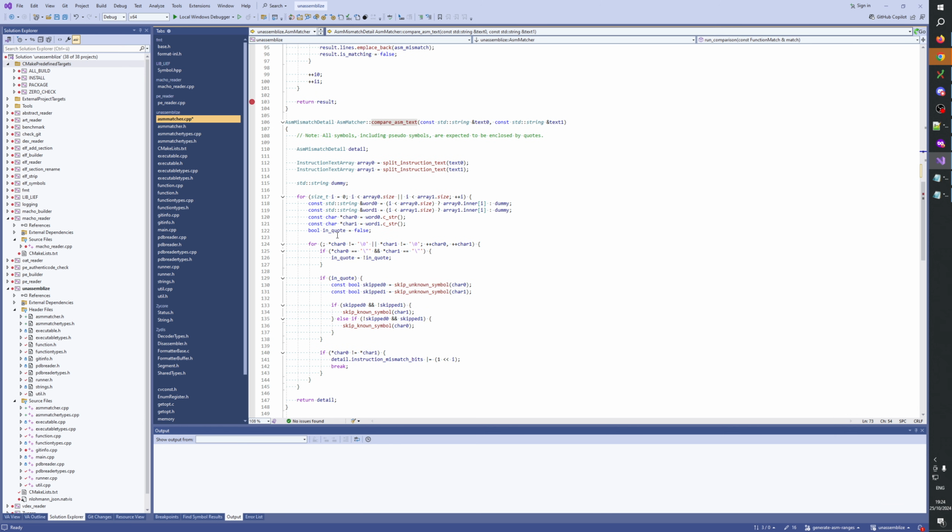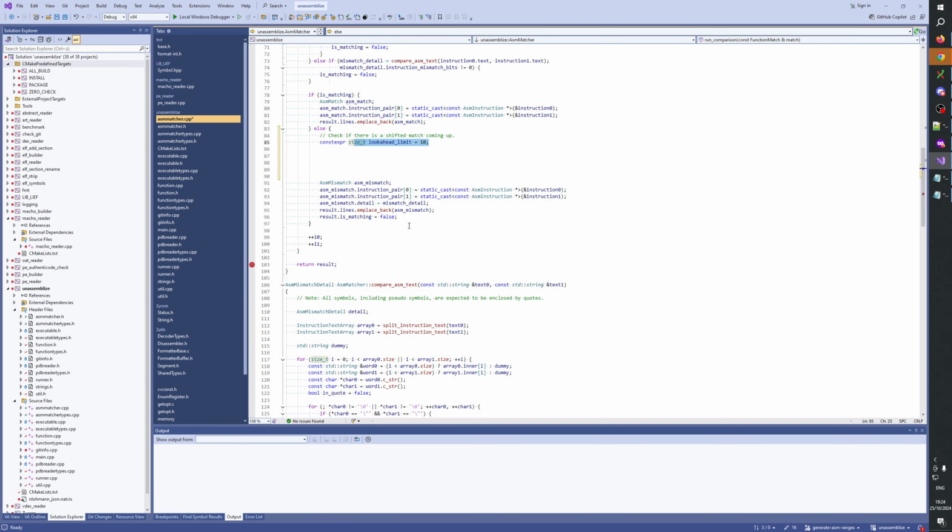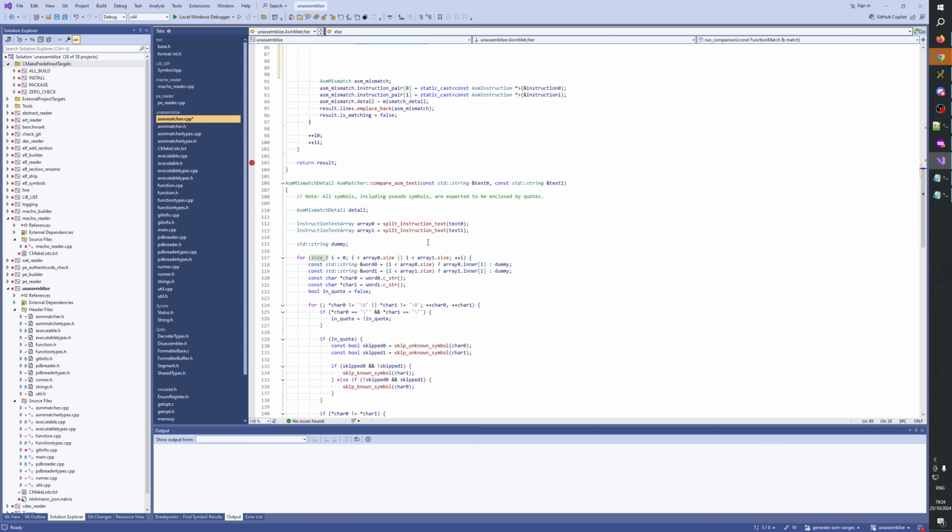Yeah, this one is... okay, so we will call this multiple times, so up to 20 times with a lookahead limit of 10. And then it has to do this every time. Instruction text array.